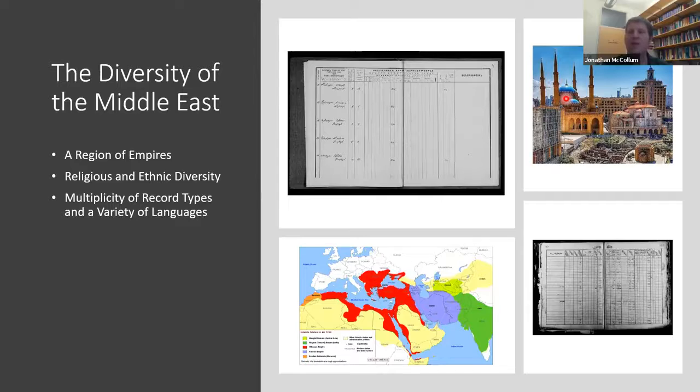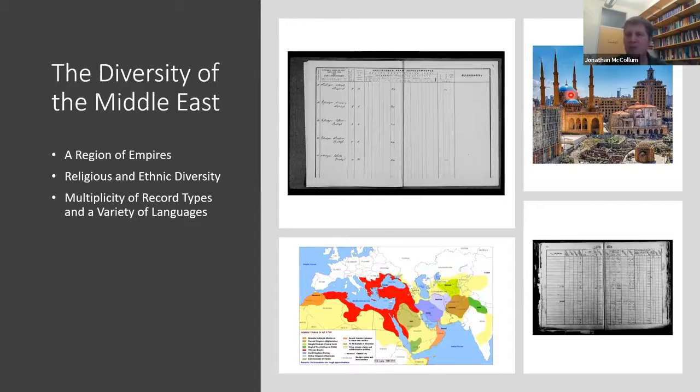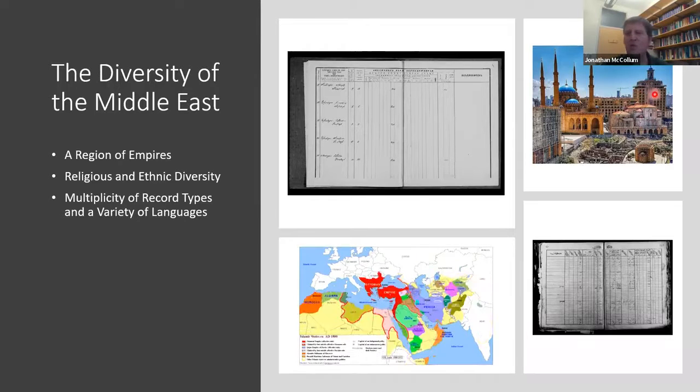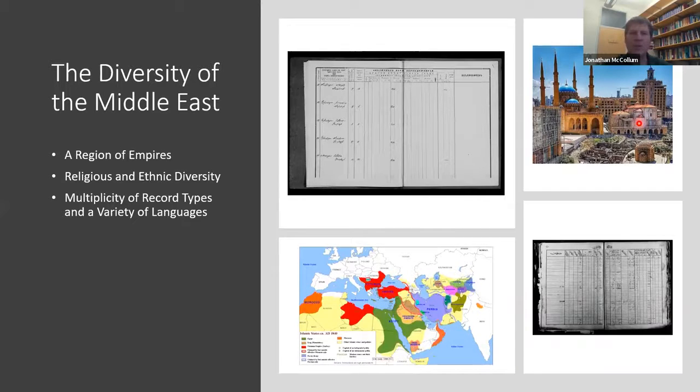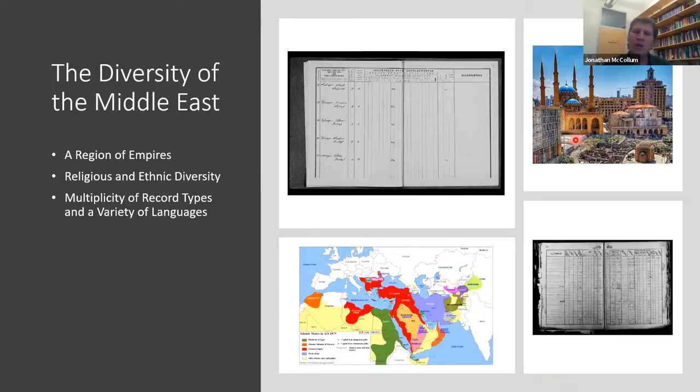Here we have the Muhammad Al-Amin Mosque right next to the massive Maronite Cathedral of St. George, right? A Sunni mosque alongside a Maronite Christian cathedral. And that's really what we're dealing with when we grapple with the Middle East. And certainly when you're trying to explore your family history, you have to keep that in mind.